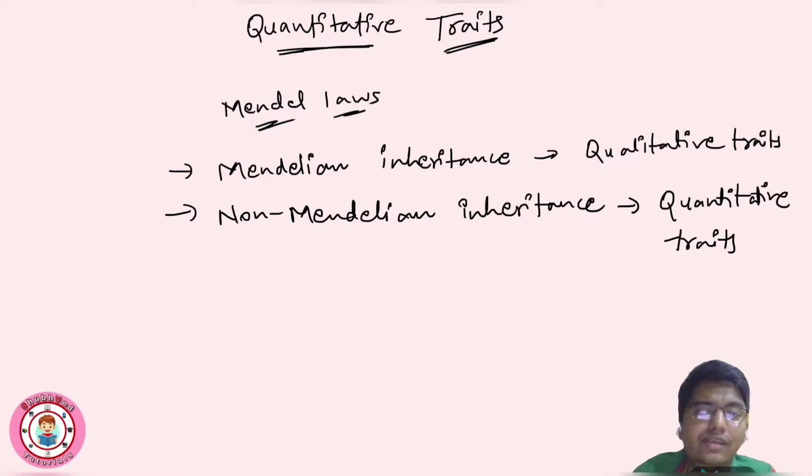So these traits are non-Mendelian, and if they are non-Mendelian, it means there is nothing like dominance and recessive. In quantitative alleles, there is no dominance and recessive.